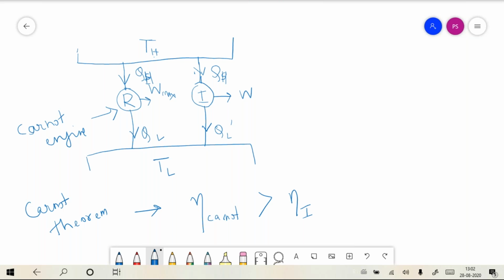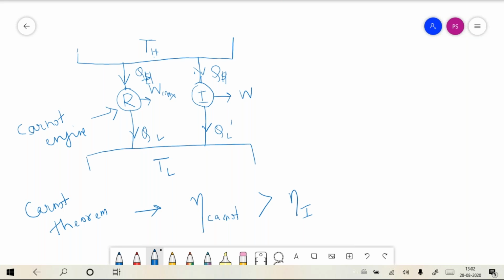So I have drawn a schematic wherein I have shown a Carnot engine and an irreversible engine. The Carnot engine is operating between TH and TL, and the irreversible engine is also operating between TH and TL. In that case, according to the Carnot theorem, this engine would always be more efficient than this engine.